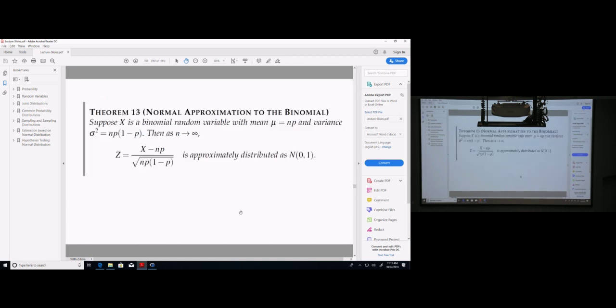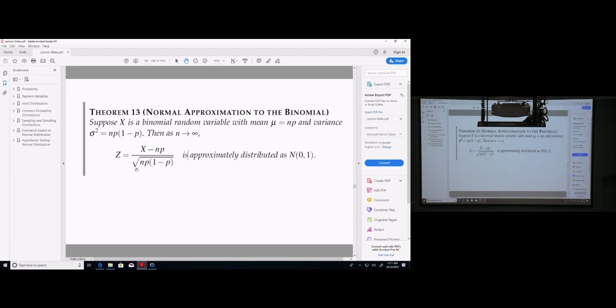Okay, so the normal distribution. This is our usual method of standardization. The standardization is to subtract the quantity by its mean. Since x starting point is a binomial random variable, the mean is n times p. And the variance of the binomial is n times p times (1 minus p).